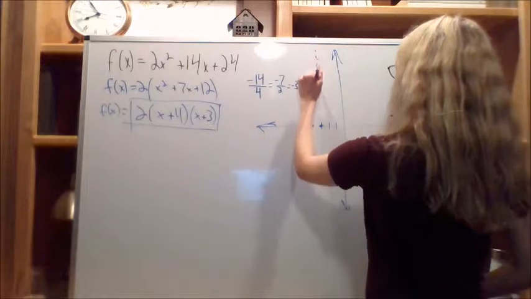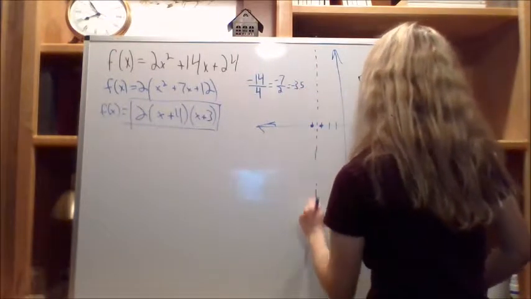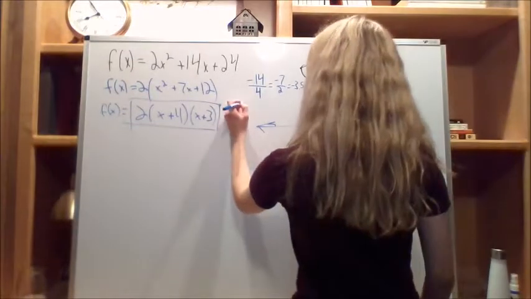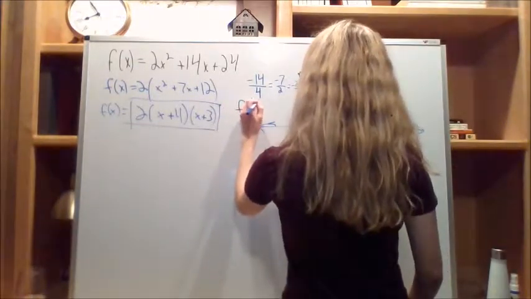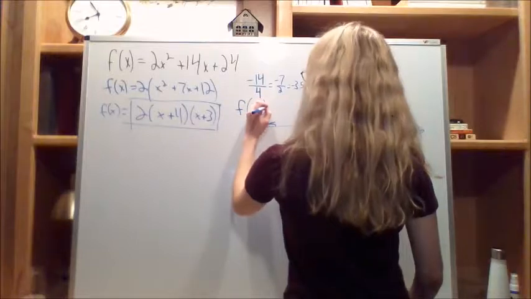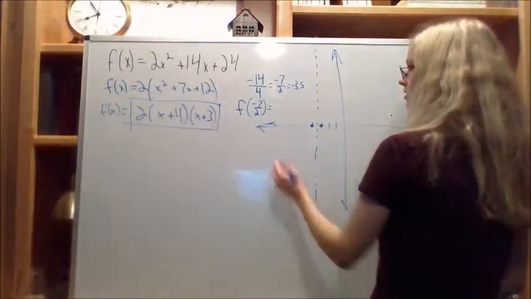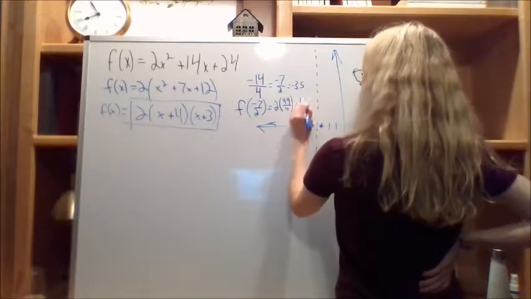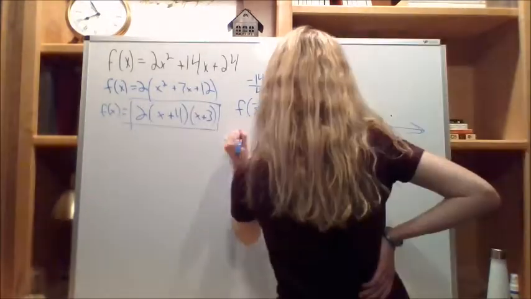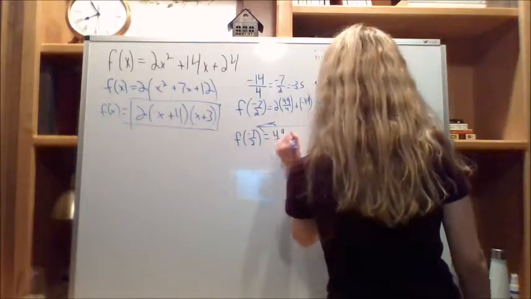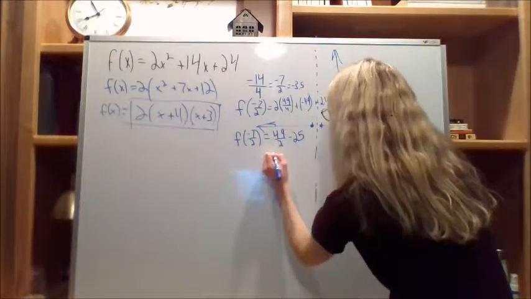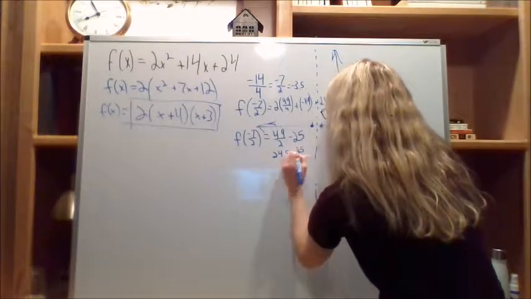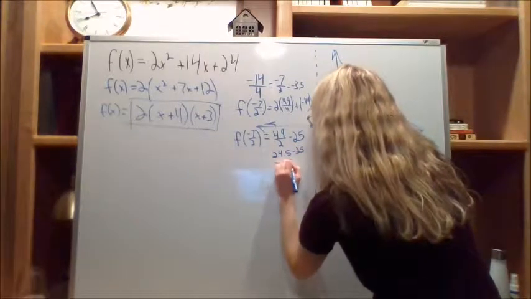So our axis of symmetry is going to be right here. And solving for the y value of our vertex, we get f of negative 7 halves equals 2 times, and we get negative 0.5.